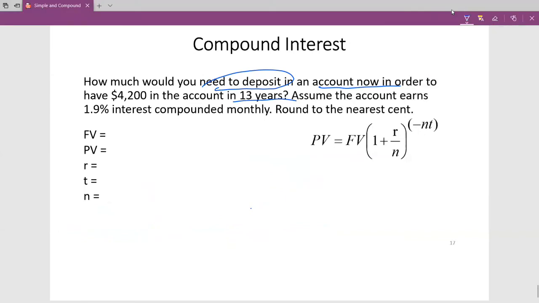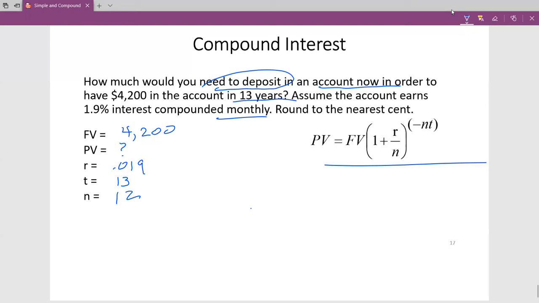So now let's do this one. The future value is what we want to be $4,200. The present value we want to find out using this formula. The rate is 1.9%, which is 0.019. The time is 13 years. And it's compounded monthly, so N is 12.